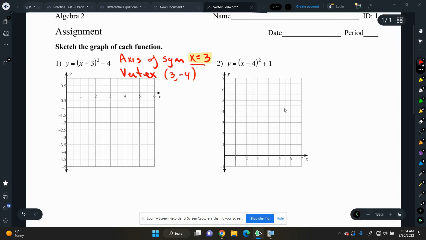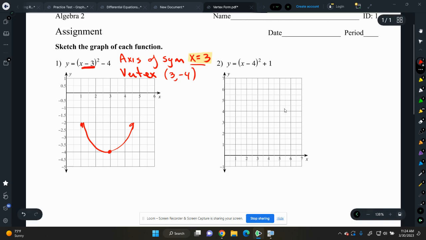So we've got the point 3, negative 4 right here. And there's my sketch of the curve. How come the 3's not negative? We do the opposite of what this is. Okay? Do we have to put the line back there? No. Not right now, you don't.